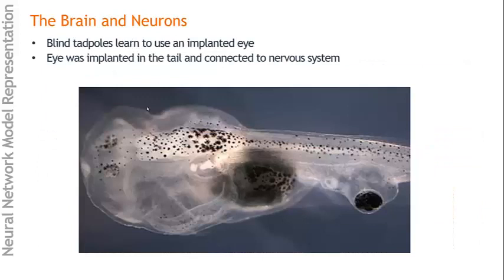Now here's another example of the flexibility of neurons. Tadpoles are one stage in the life cycle of a frog before it becomes mature. Now the eye from a mature frog was surgically implanted in this tadpole, and the eye somehow connected itself to the nervous system of the tadpole, and the tadpole was able to learn how to use this eye to sense objects, possibly to sense motion or the presence of objects.